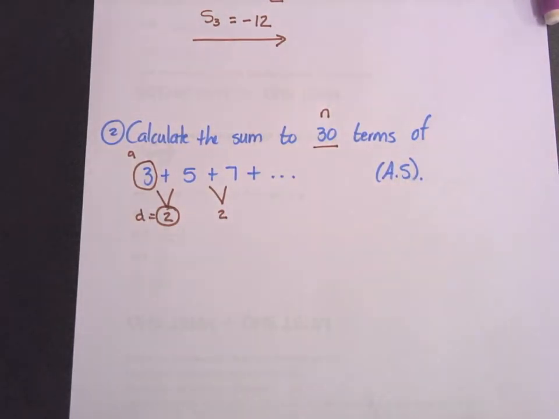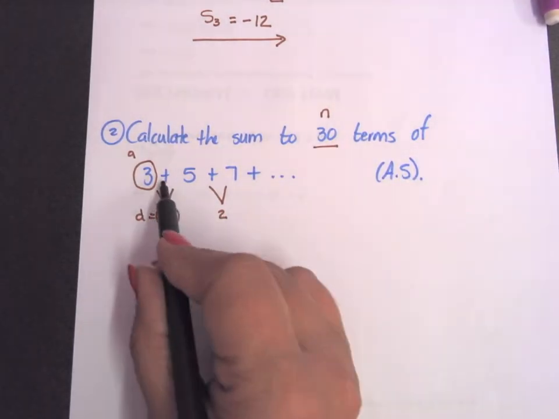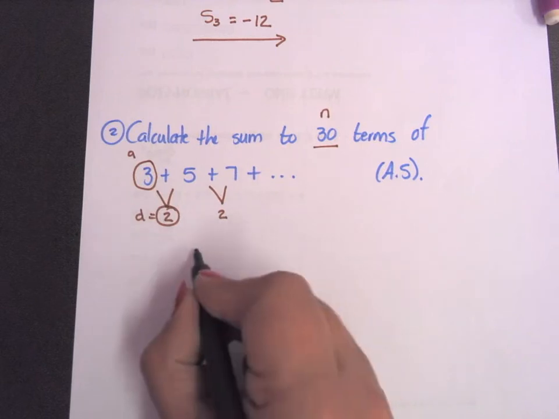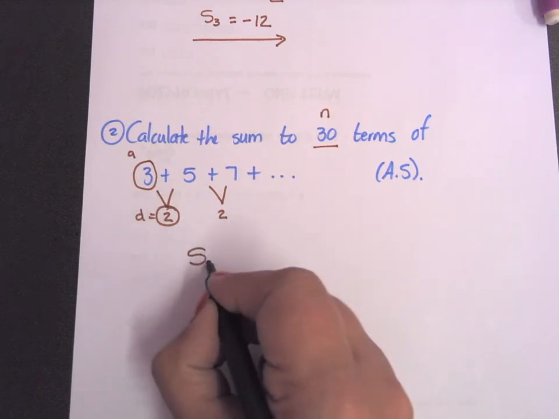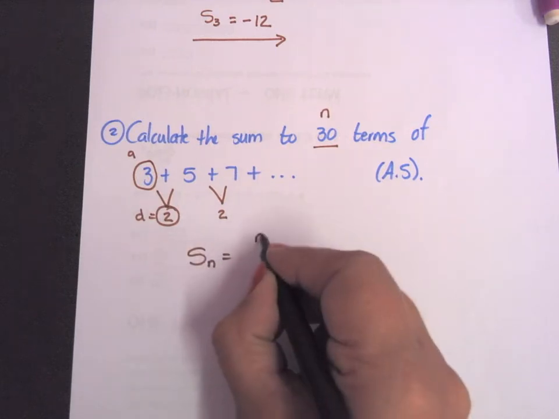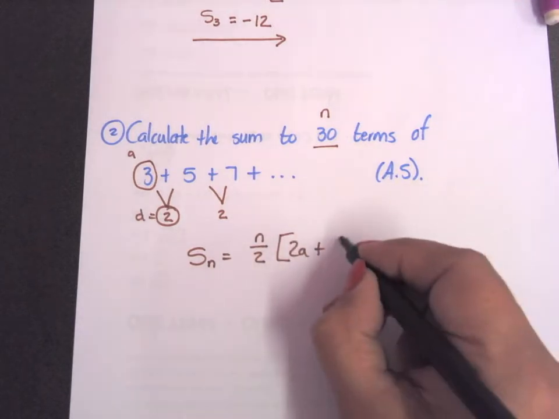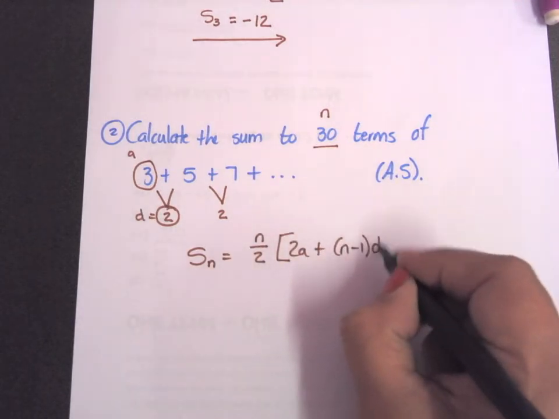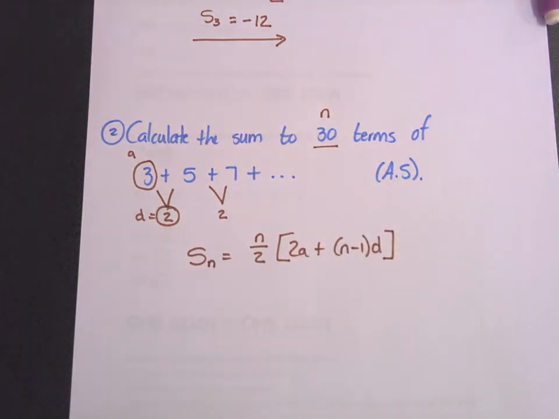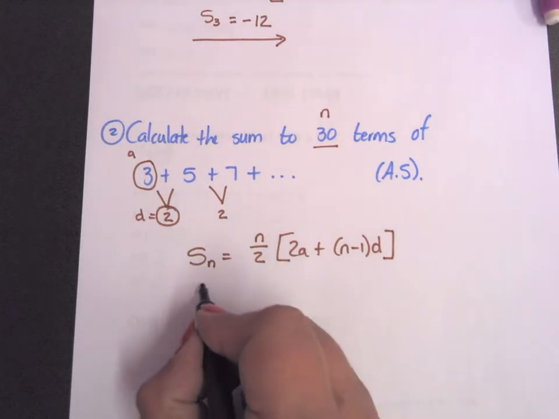We know that it's an arithmetic sequence or series. So the sum of n terms will be n over 2 times 2a plus n minus 1 times d. You always start a sum with the formula. Then we substitute.